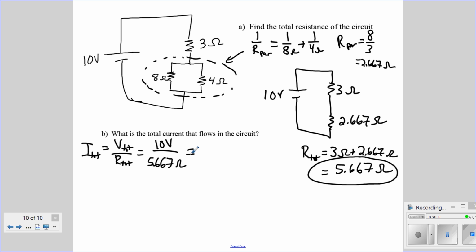And so the total current that flows is 1.764 amps. That would be this current that's flowing right here through this resistor, 1.764 amps.